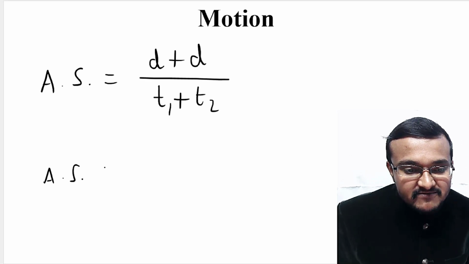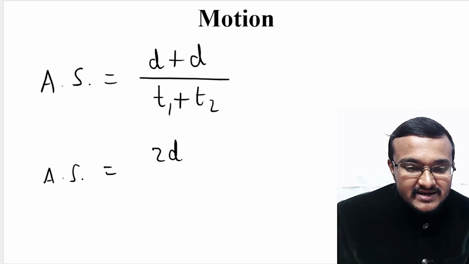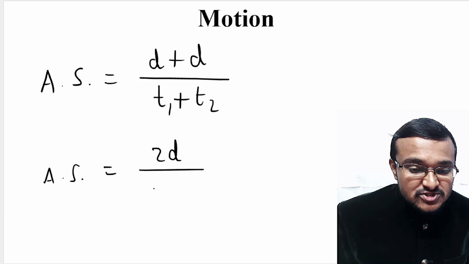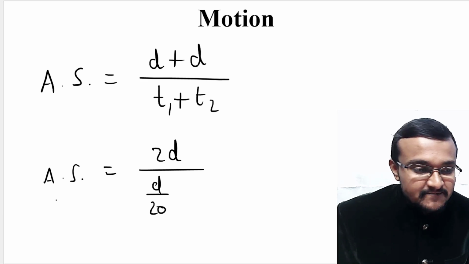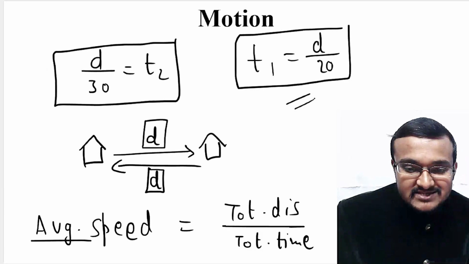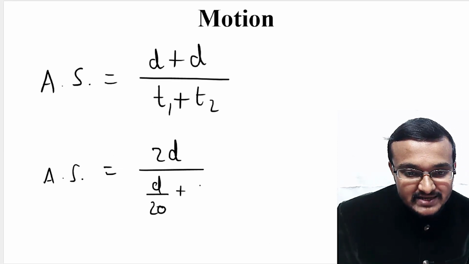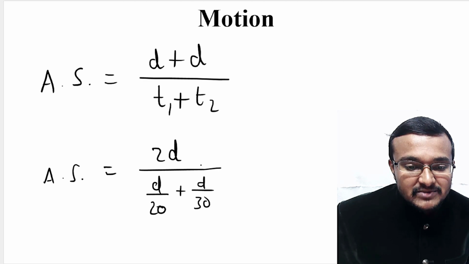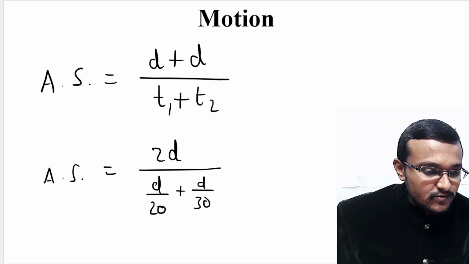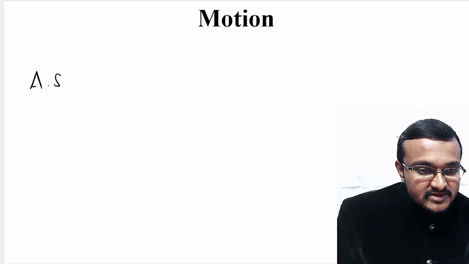So average speed will be equal to 2d divided by T1 plus T2. In the place of T1 we can write d by 20, because here we have got T1 as d by 20 and T2 as d by 30. So here d by 20 plus d by 30 will be there in the place of T1 plus T2. Now if you solve this you will get the average speed.